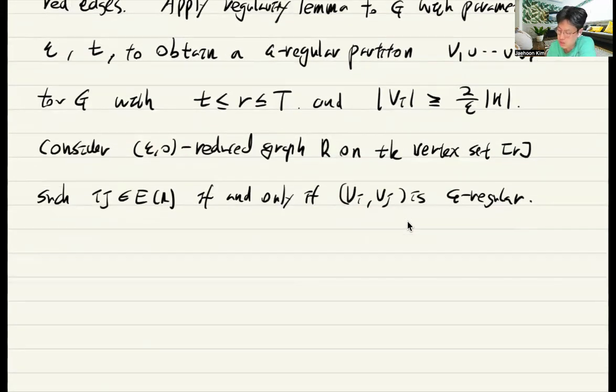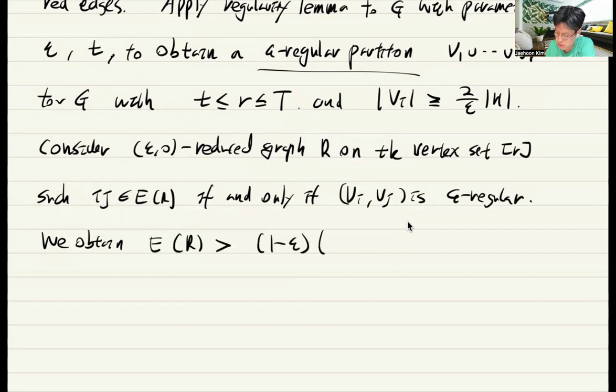Then what do we know? Since this is an epsilon-regular partition, we know that every pair between B_i and B_j, except a small fraction, is epsilon-regular. That means that the number of edges is bigger than (1 minus epsilon) times R choose 2. So out of R choose 2 pairs, more than a 1 minus epsilon fraction of them are actually epsilon-regular.